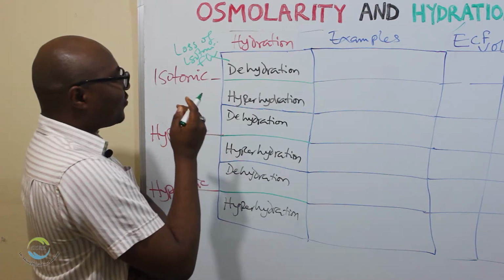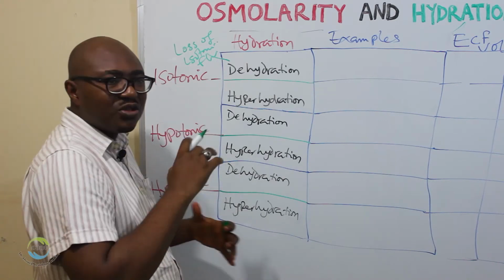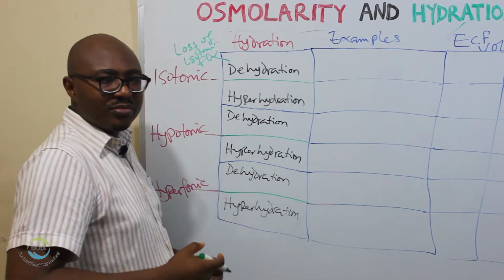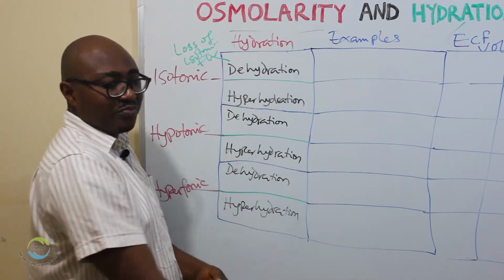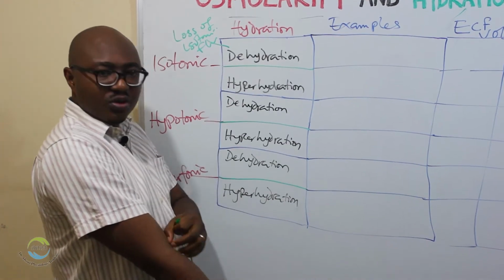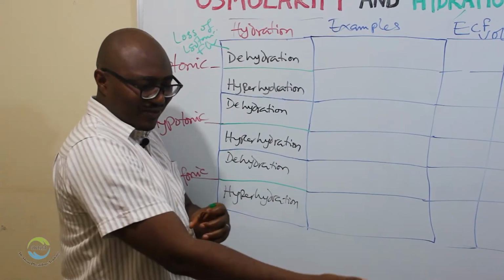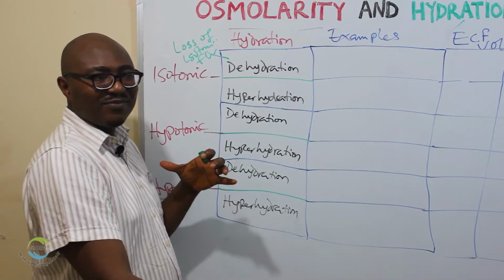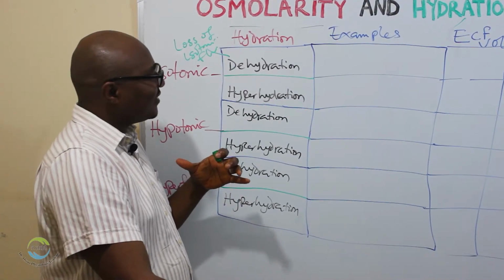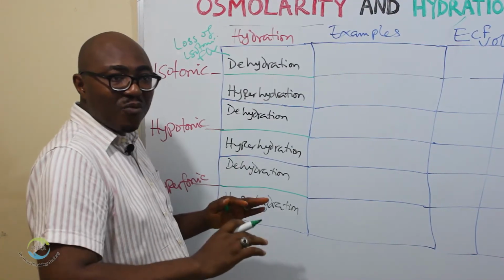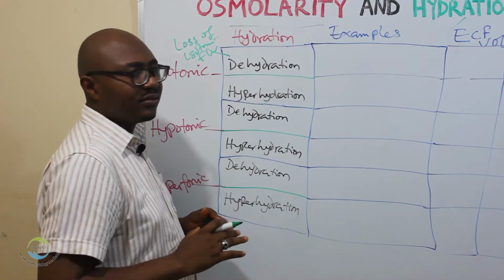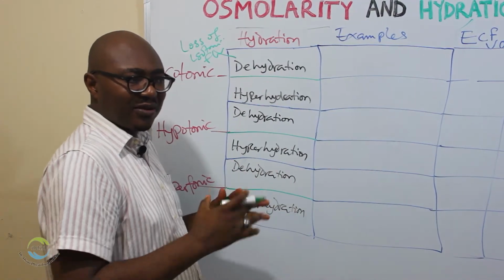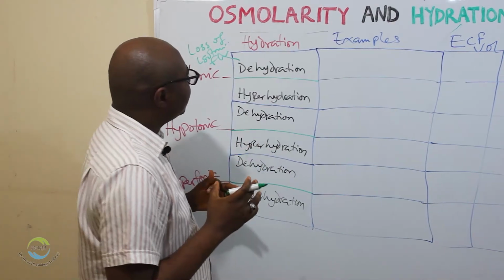So the kind of loss that will be isotonic is usually hemorrhage. Maybe you have an accident or something. It can even be deliberate. You donate blood. You go to the hospital for blood donation. They collect 1 pint of blood. That means at that moment, you are dehydrated because you've lost about 500 or so mils.